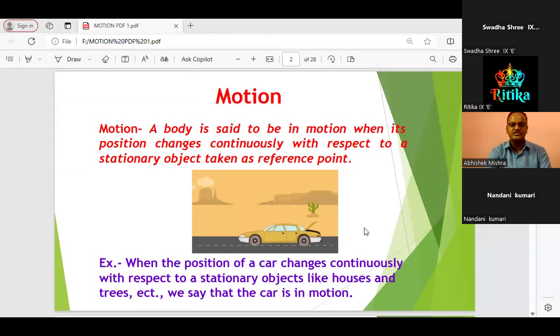Difference between distance and displacement. Sir, distance is the longest path traveled by any object, while displacement is the shortest path between the final and initial point. Okay. Definitely correct. Very good.